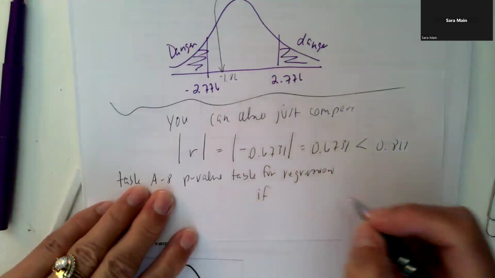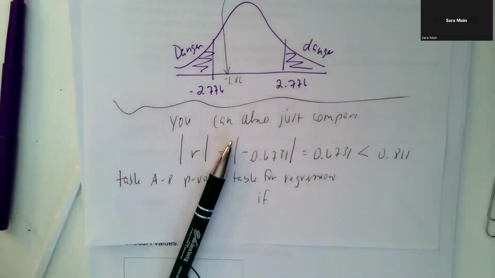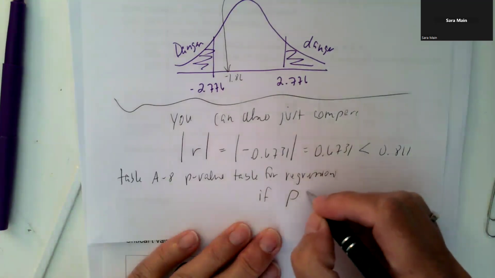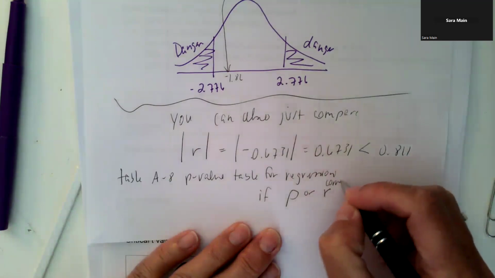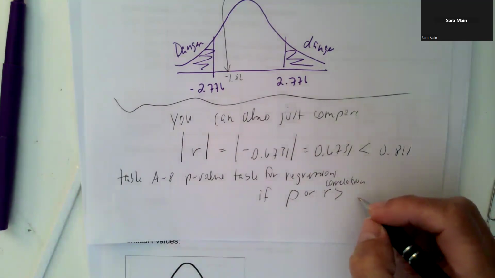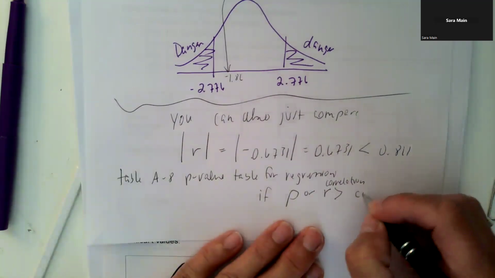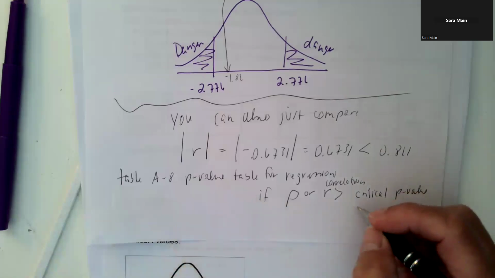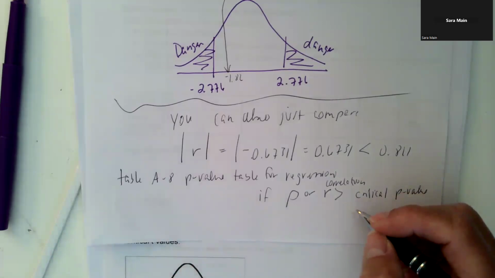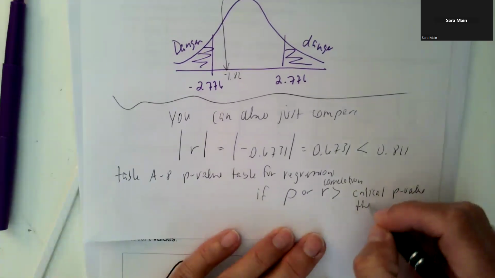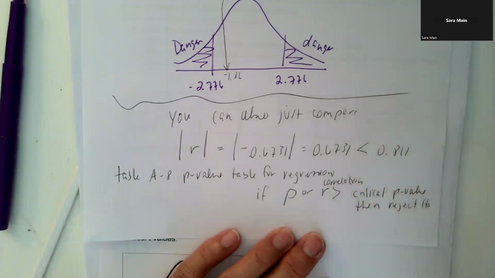So if R, the correlation coefficient, is greater than the critical p-value, then reject H0.